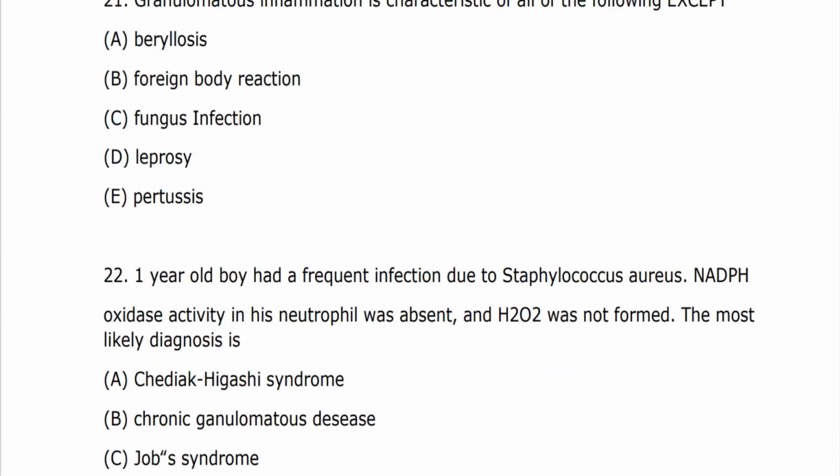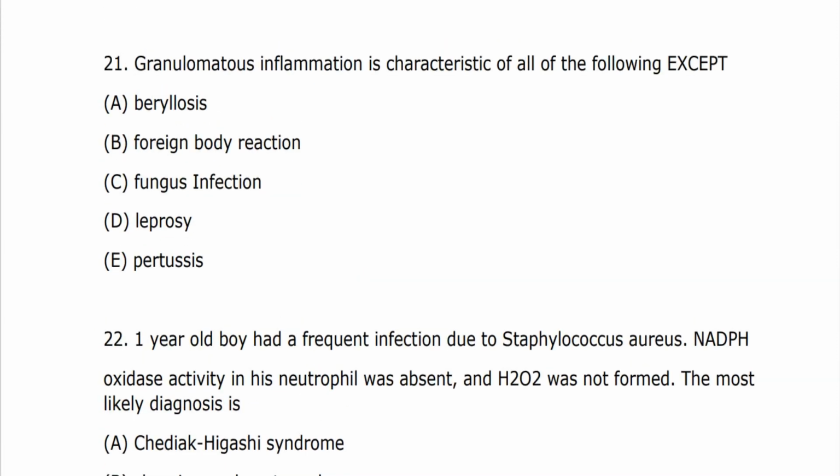Question number 21. Granulomatous inflammation is a characteristic of all of the following except... Berylliosis, yes. Foreign body reaction, we already talked about that. Fungus infection, fungi should give you that. Leprosy, yes. But pertussis, caused by Bordetella pertussis, is a bacterial infection, and the common name is whooping cough.